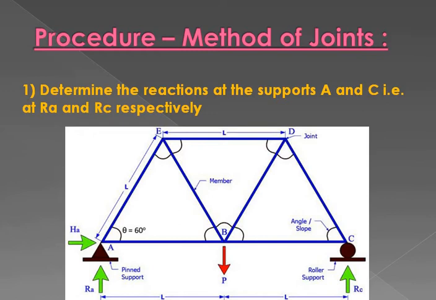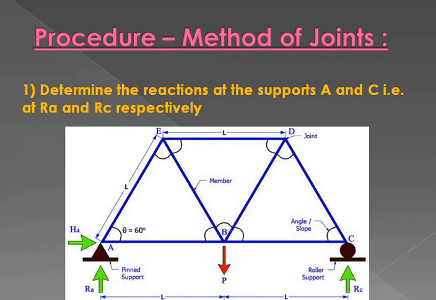Now look at this truss. Support A is called a hinge or pin support. There will be two reactions for this type of support. One is vertical, that is RA, and the second one is horizontal, that is HA.